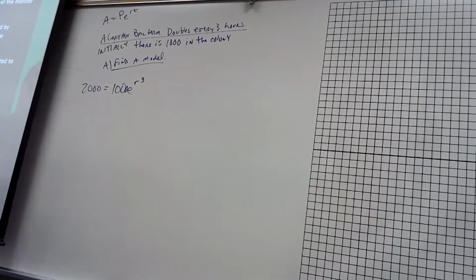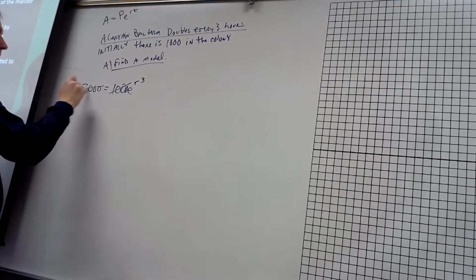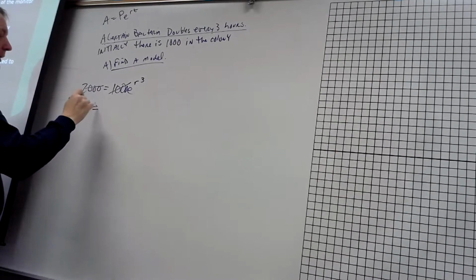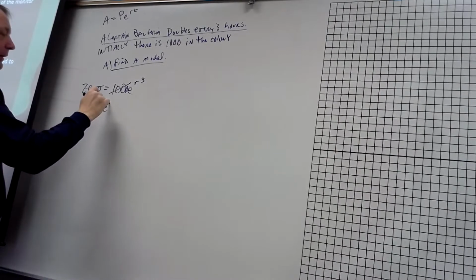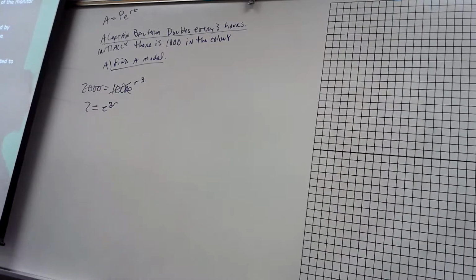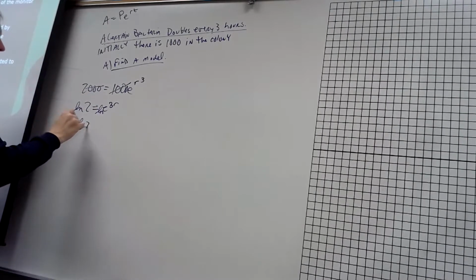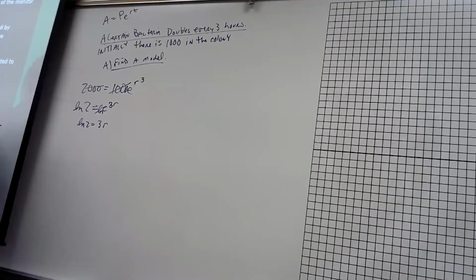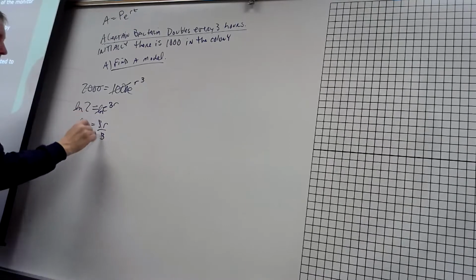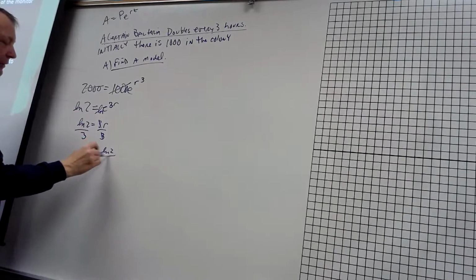Well, first divide by 1,000. So 2 equals e to the 3r. How do we solve that? Take the natural log of both sides. So ln of 2 equals 3r. And then divide by 3. So rate equals the ln of 2 over 3.